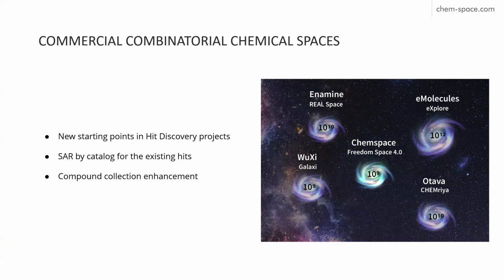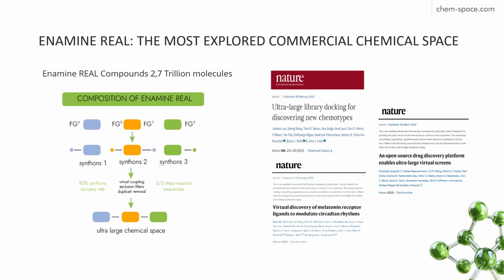There are a number of commercial combinatorial spaces available on the market, and they differ from each other based on the space they cover, the collection of building blocks which were used to generate these spaces. But what is common for all these spaces is they are combinatorial. The most explored chemical space, I would say, is Enamine REAL, and there are numerous publications where Enamine REAL compounds were used for drug discovery projects for hit identification and expansion.